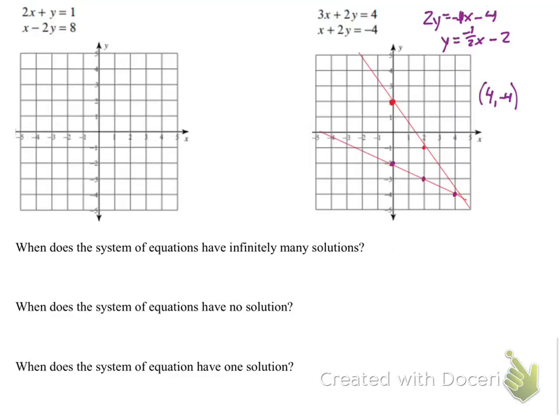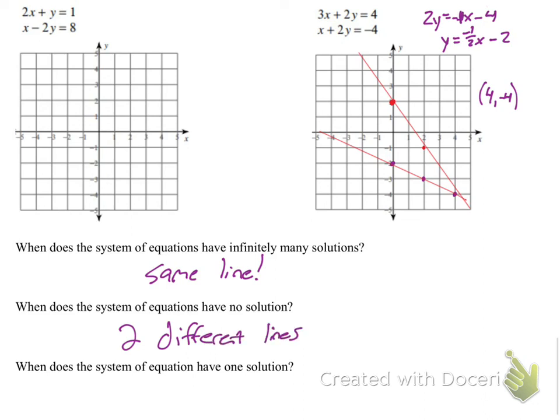And then these last couple here: when does the system of equations have infinitely many solutions? That's when they are the same line. When does the system have no solution? That's when they're two different lines and they do not intersect.